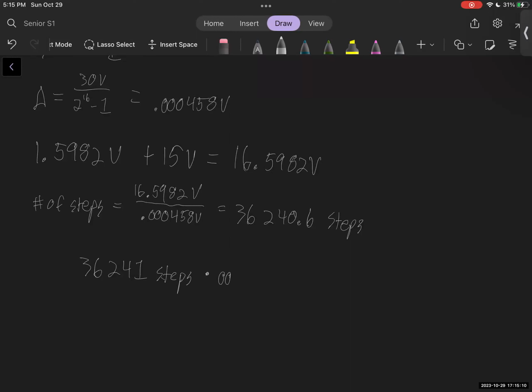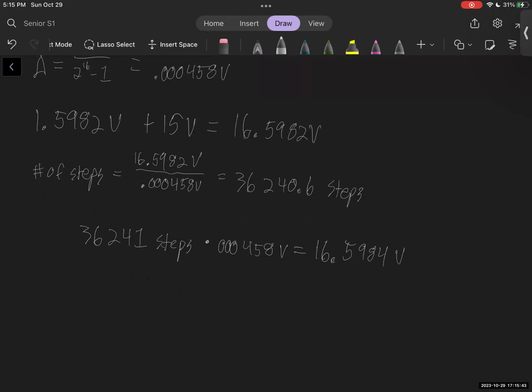That gives us 16.5984 volts, and that's the value at that point.